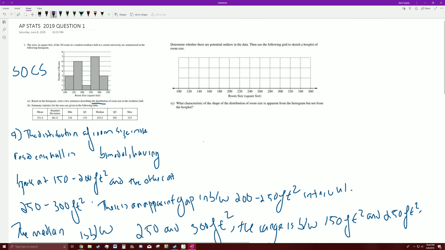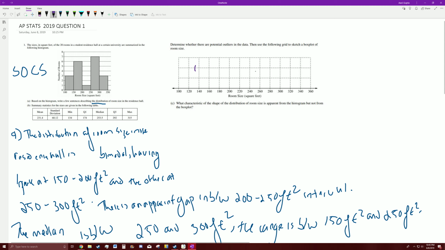Okay. So now we determined that. Then use the following grid to sketch a box plot of room size. Okay. Our min value is 134, so that'll be right in between 120 and 140, slightly shifted to 140. Yeah, I'd say that's good. And the next is our median, 253.